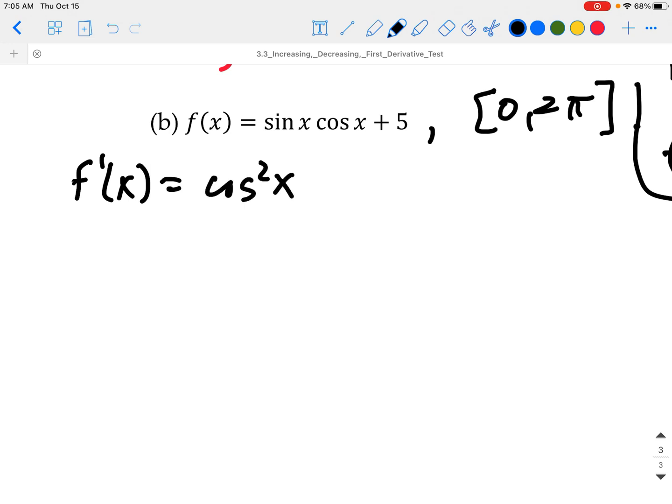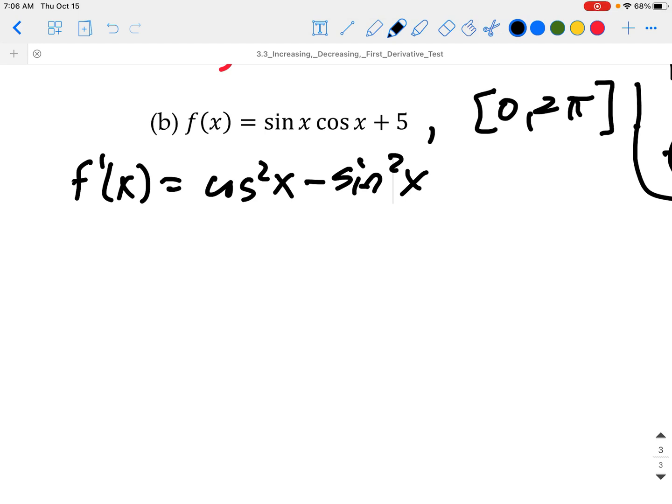So we'll get cosine squared plus the 5 is just going to be 0, so we can ignore that. And now we'll take the derivative of cosine, and we'll get negative sine times sine. So cosine squared minus sine squared.